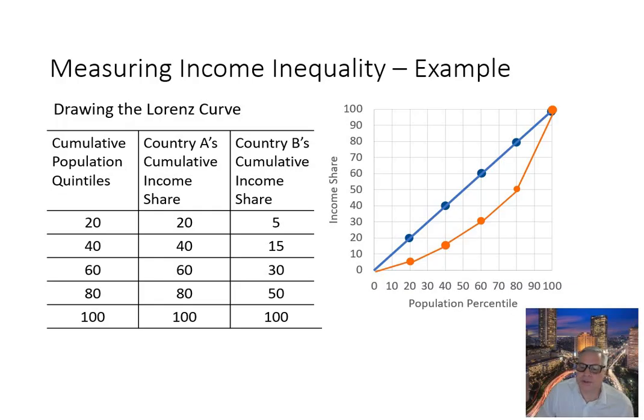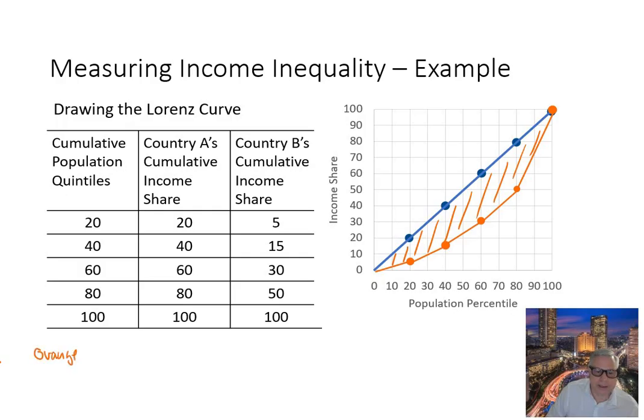Okay, so now what we need to do is calculate the area between the equal distribution line, the blue line, and the orange line. So how do we calculate this area?